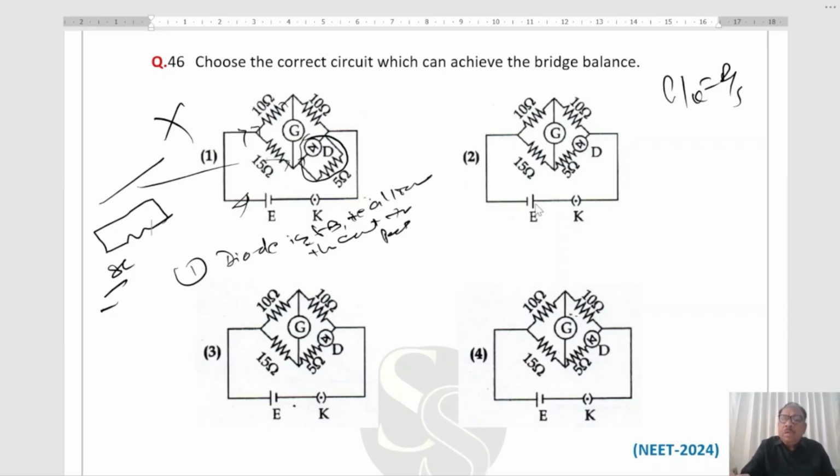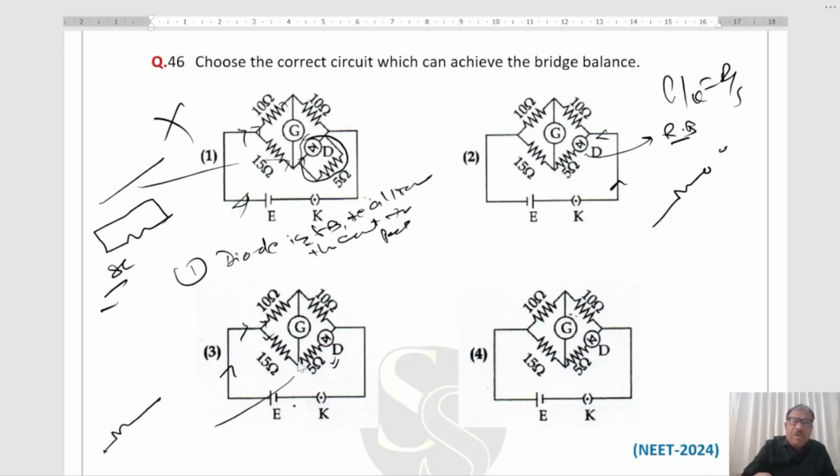Second, the current will flow like this. In this case, this will be reverse bias. Reverse bias means it will be like open circuit. So this will not be right. In this case, current will flow from this to this to this, then here, this is forward bias. So this can be like this.